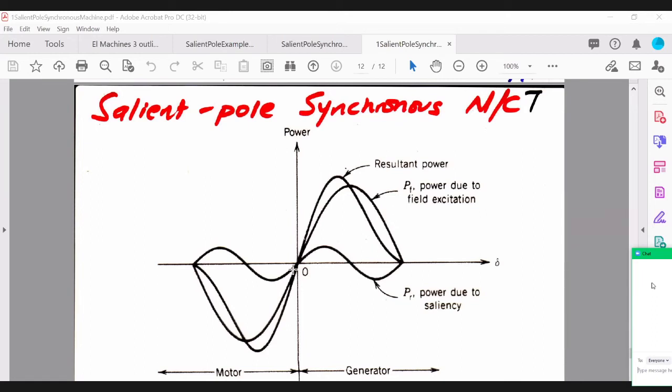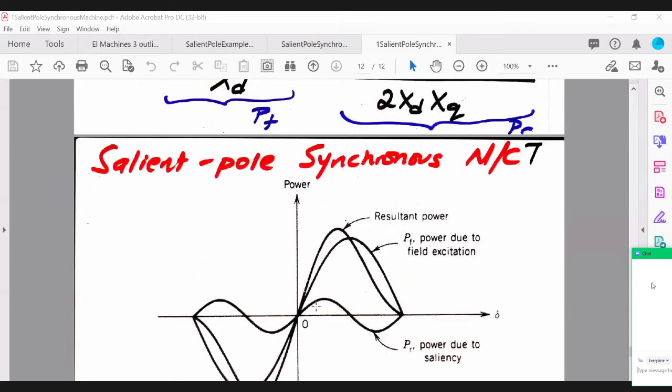When you add those two curves, the resultant power is shifted. The peak is shifted a little before 90 degrees, and the magnitude of the resulting power is higher than that of the cylindrical rotor machine. So the amplitude is a little higher and it drops in terms of the angle.